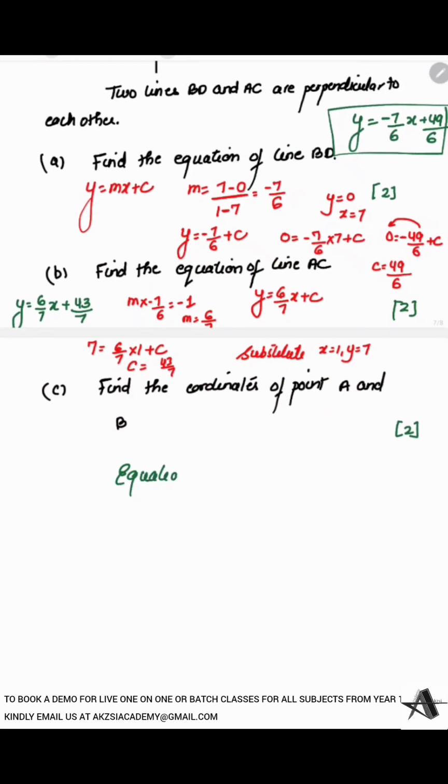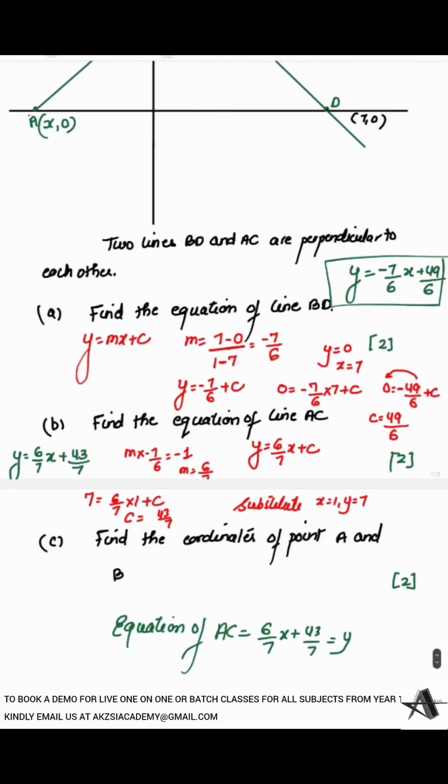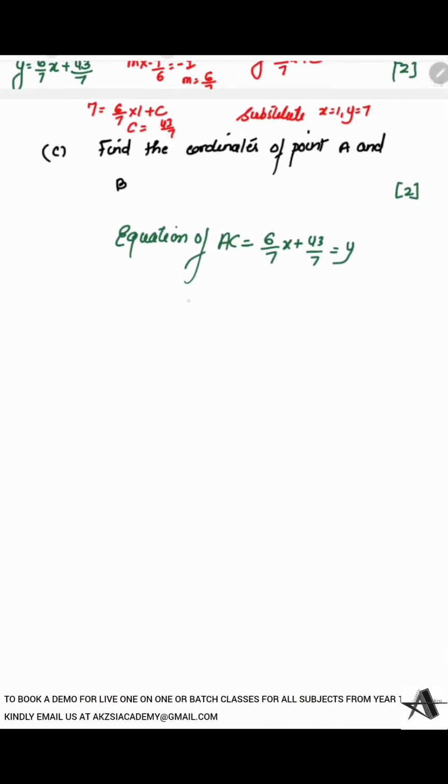Equation of AC is y equals 6 over 7 x plus 43 over 7. To get the value of x, I need to substitute the value of y as 0, because when it's passing through the x-axis, the coordinate of point A is (x, 0). So x is x and y will be 0.